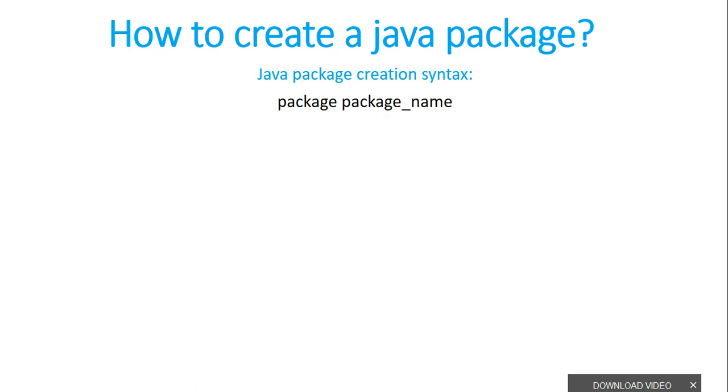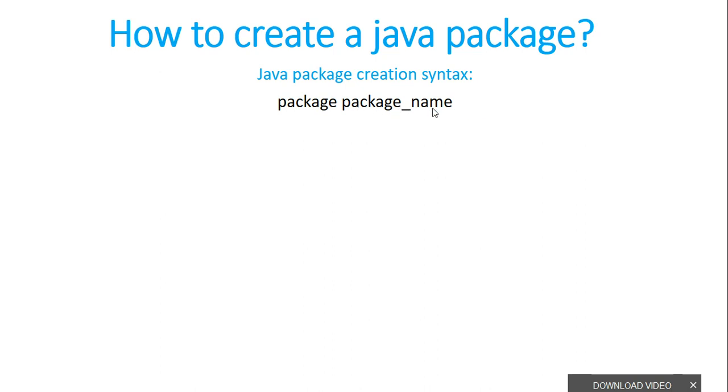Java package. This is how we write the package. This is how we define a package. We say package and then we say the package name. If the package already exists, then the class that we are defining, or the program itself, will exist in this package called package name.